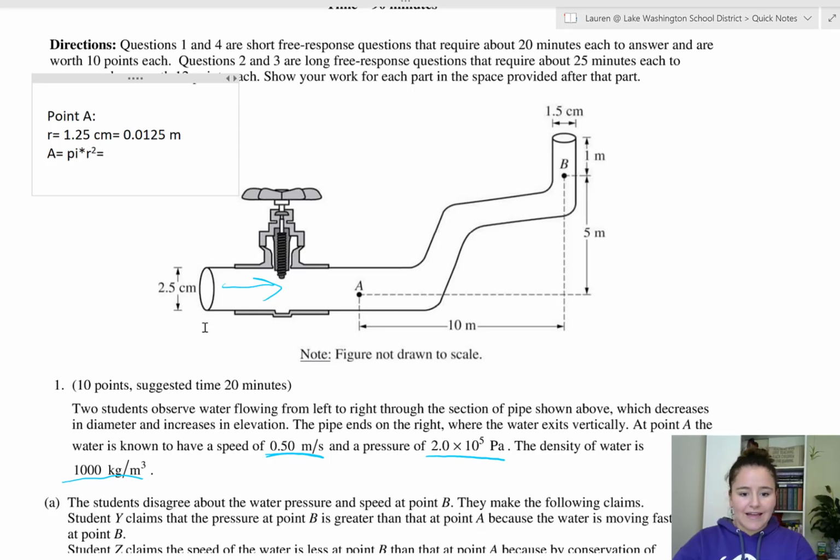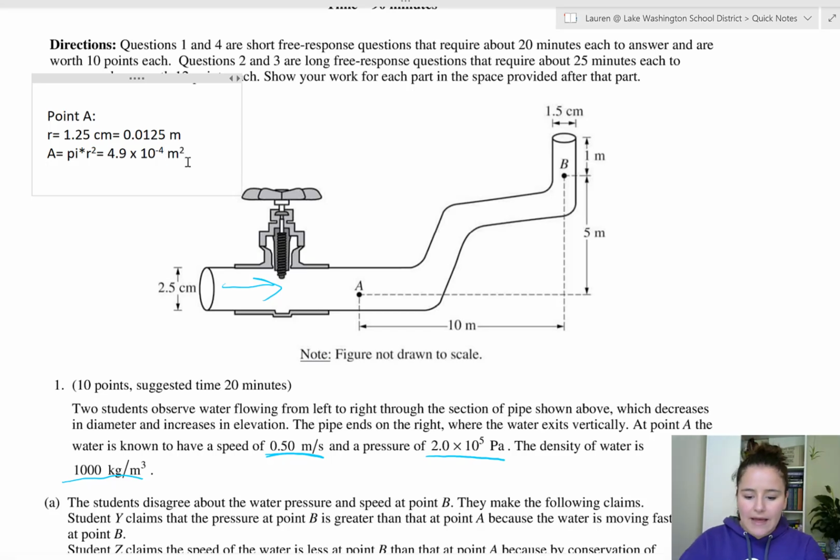So when you plug that into your calculator with that r right above there, so 0.0125 squared times pi, we get 4.9 times 10 to the negative 4th meters squared.